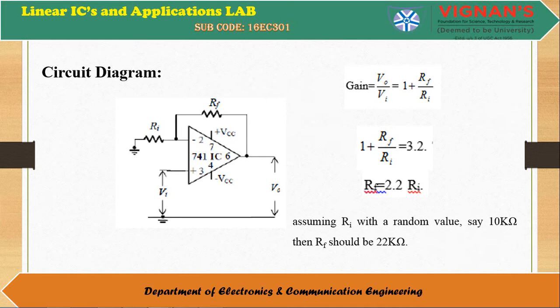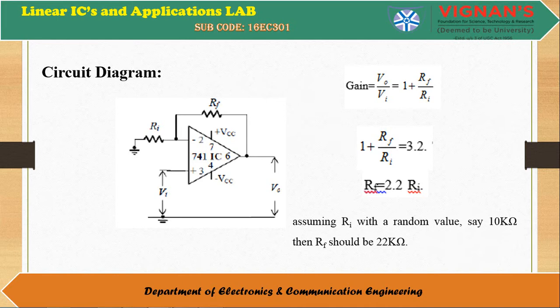If you come to design, the gain of the non-inverting amplifier equation is 1 plus RF by RI. See, the derivation of this one is discussed in the theory course. So 1 plus RF by RI is the gain. As per the aim, the gain of the non-inverting amplifier must be 3.2. So 1 plus RF by RI is equated to 3.2.